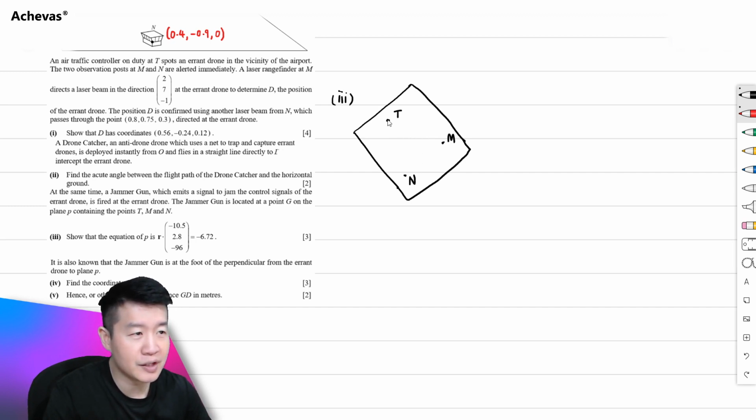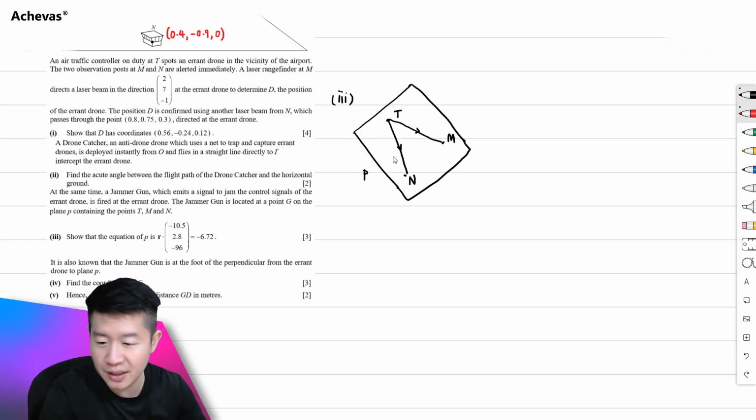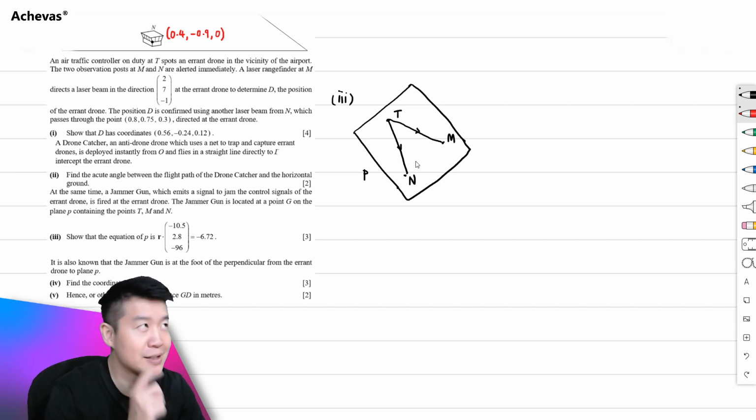So in order for me to find the equation of the plane, I'm going to go for TM as a vector that is parallel to the plane. Then TN, another vector that is also parallel to the plane. Crossing these 2 vectors should give me a direction that is perpendicular to the plane.